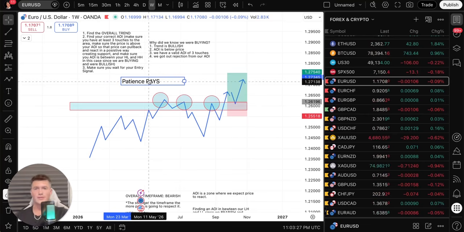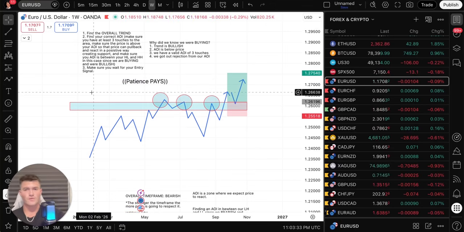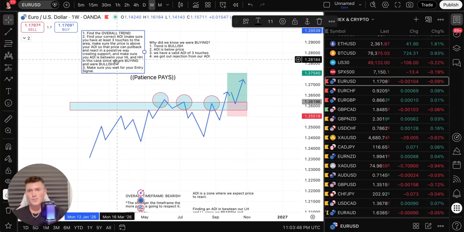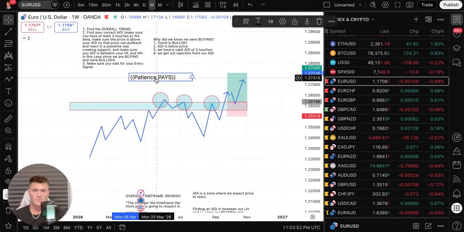This right here is so important. You guys just wait for these things to check off. And if they don't check off, you don't take the trade. I mean, it can be as simple as that. Now there's times where you'll take a riskier entry, but you don't have to.